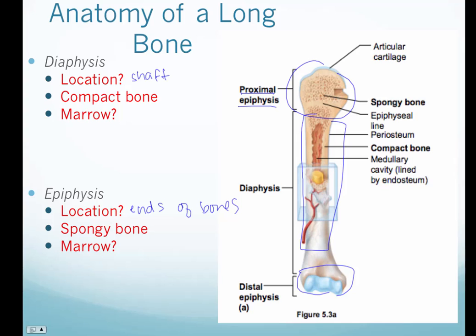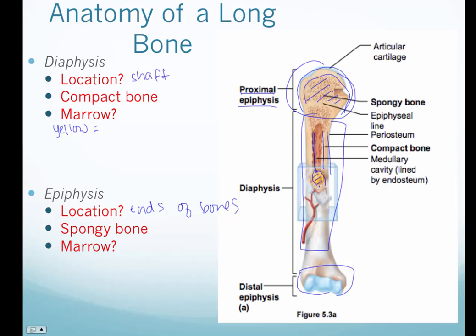Now this middle area, the diaphysis, is all composed of compact bone, as you can notice here. At the epiphysis, we have a thin layer of compact bone, but the majority of this is going to be spongy bone. So compact and spongy. Looking at the marrow, here we notice we have yellow marrow in the diaphysis, so we have yellow.